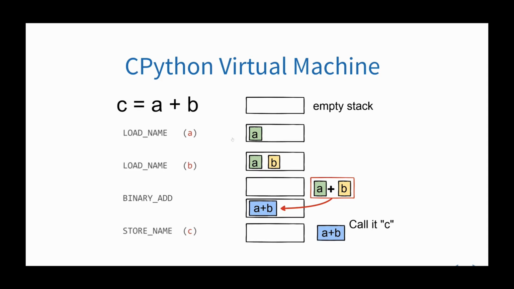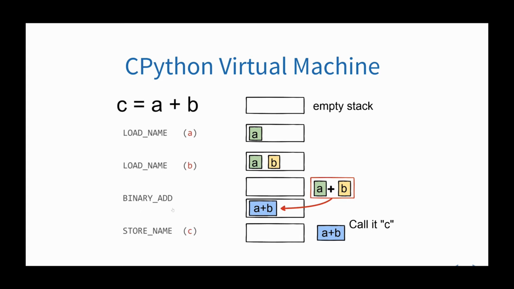What it does is it loads the value of a into the stack. So the stack now has a value, which is the value of a. And next is LOAD_NAME b. It does the same as the first LOAD_NAME a. So now the stack has 2 items.